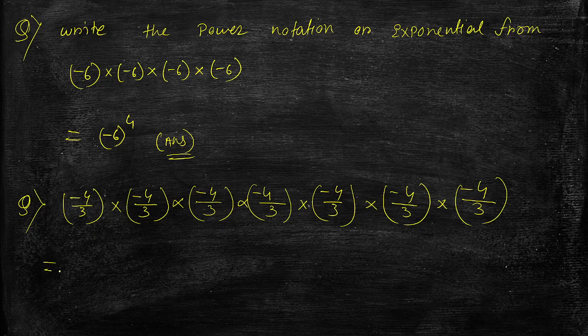So what will be the power notation? Minus 4 by 3. You need to count 1, 2, 3, 4, 5, 6, 7. So to the power 7. This is your answer.